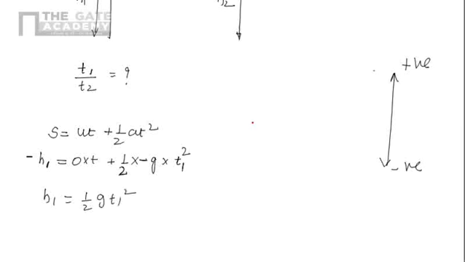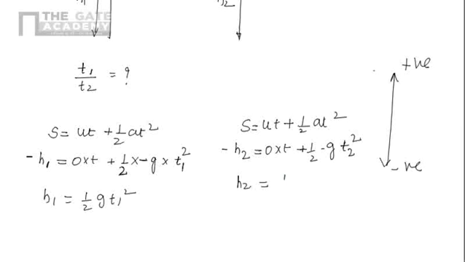Similarly, for m2, I will again write the equation ut plus 1 by 2 at square. For m2, the s is h2, in the downward direction, so negative. Initial velocity is 0 plus 1 by 2. Again, it is motion under gravity, so acceleration g, negative because it is acting in the downward direction. Time corresponding to m2 is t2. Now we have h2 equals to 1 by 2 g t2 square.